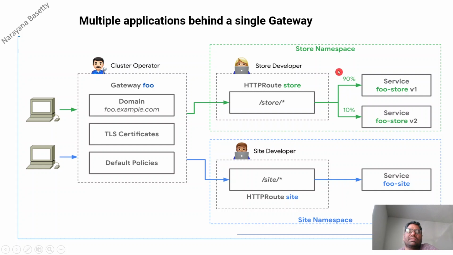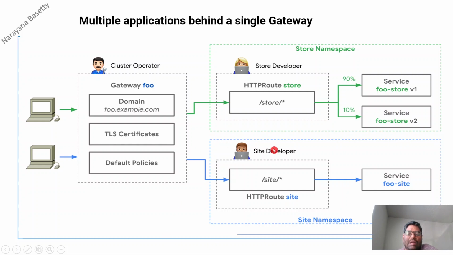Here you can specify your own weights, which can be customized whenever the kind HTTP route is defined. That way your load will be balanced according to your application needs. So these are all definitions considered by the application owners, how they want to handle their requests.